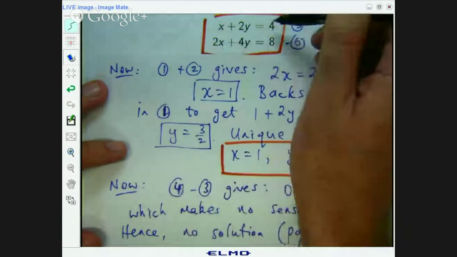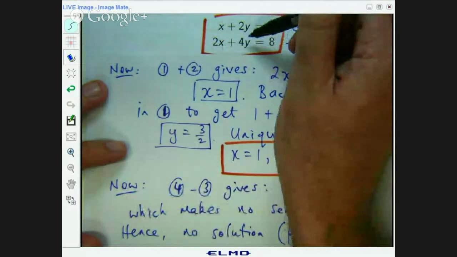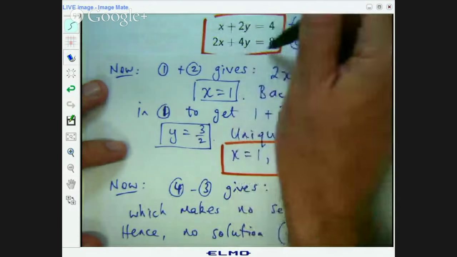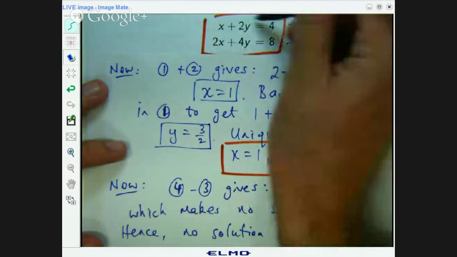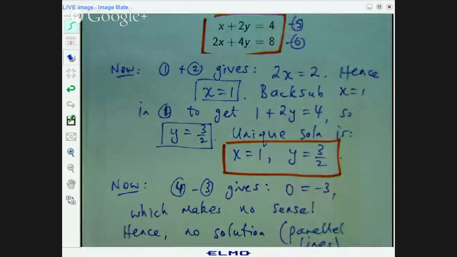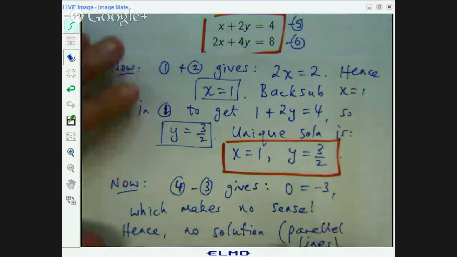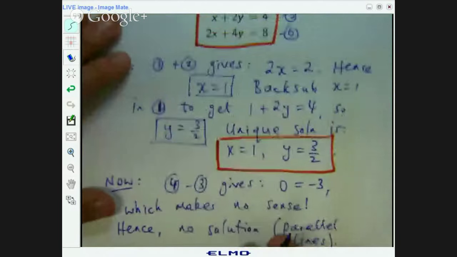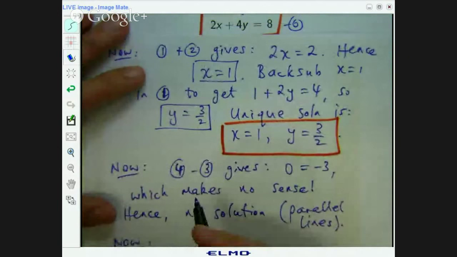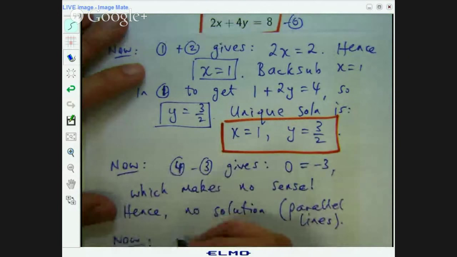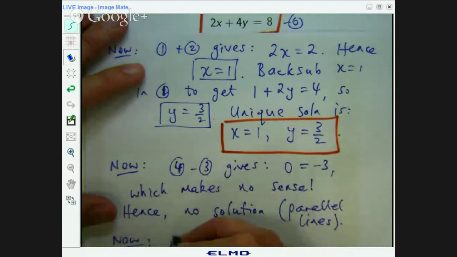Another way of doing that would be to take half of equation 6 away from equation 5, and you'll get 0 on the left-hand side and 0 on the right-hand side. So let's do it the other way: equation 6 minus 2 times equation 5.